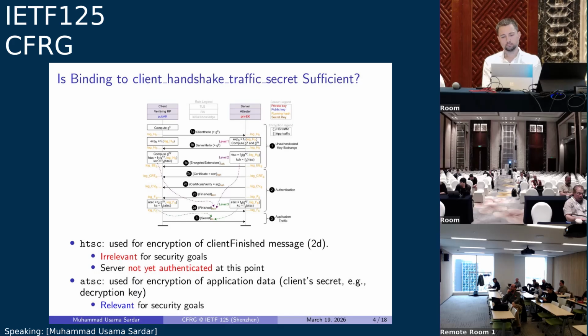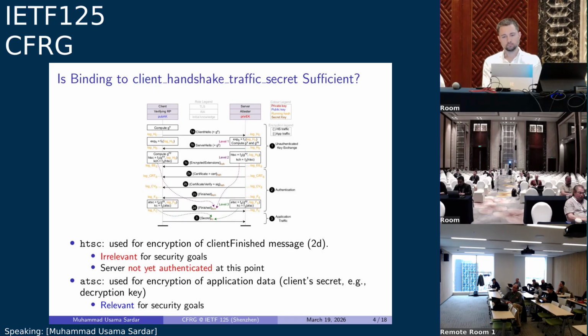So I have to generate that evidence before 2A, and all I can do is put the handshake traffic secret, or some derivative of it, to generate that correlation. And if I do that, the server is not yet authenticated at that point in time. As you see, the authentication part just starts from the certificate message. If I need to put that evidence in there, I have no chance to do any authentication for that specific evidence.